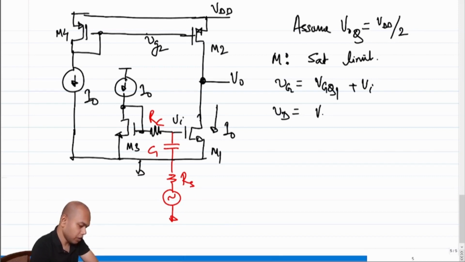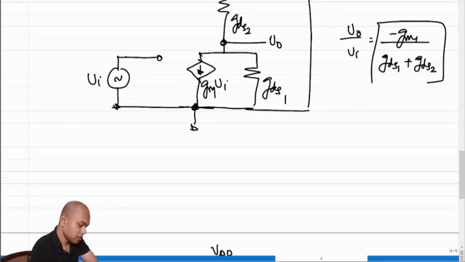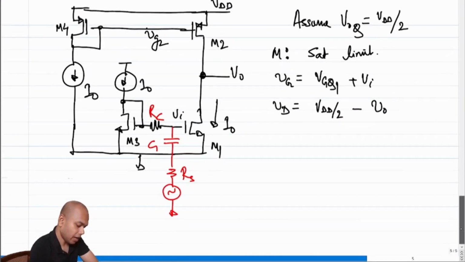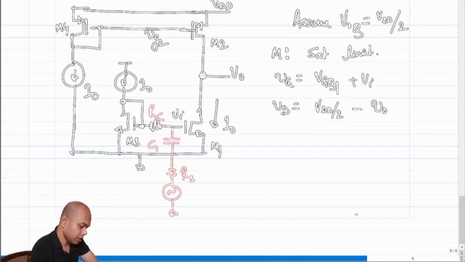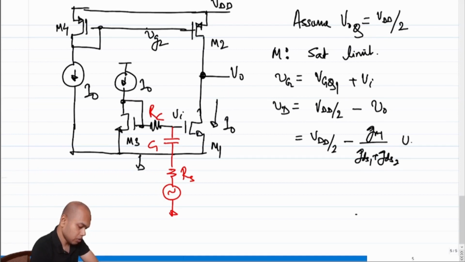Vd is V0Q, which is VDD over 2, minus the swing V0. What is V0? V0 is the gain of the amplifier times Vi. So this becomes VDD by 2 minus GM1 by GDS1 plus GDS2 times Vi.